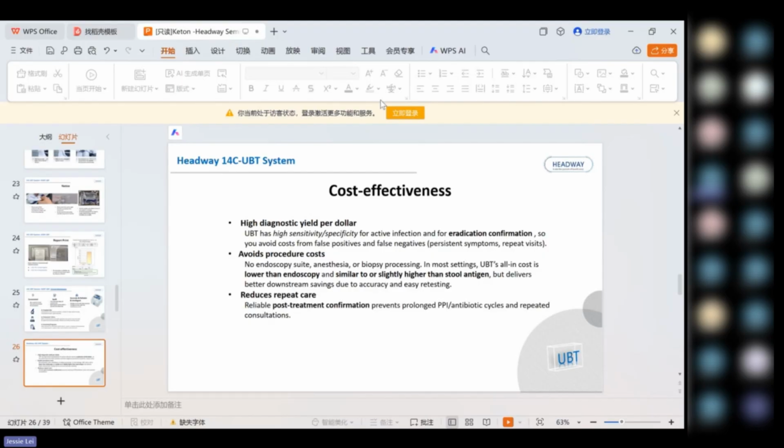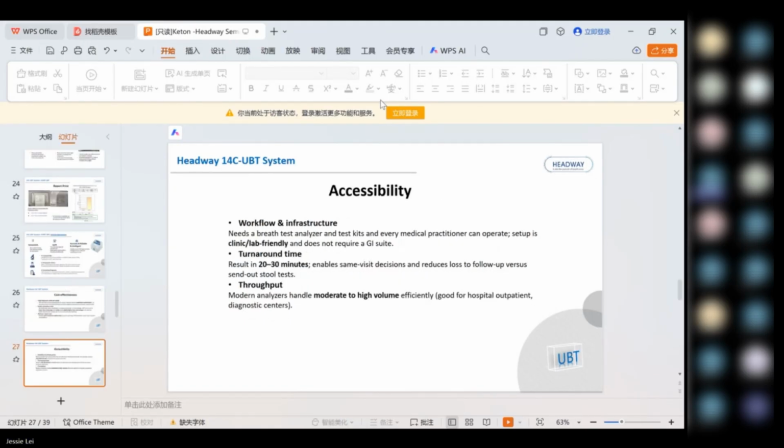As we all know, the endoscopy cost is higher. UBT cost is lower than endoscopy and even similar to or slightly higher than the stool antigen test. And it can reduce repeat care. The reliable results and post-treatment confirmation can avoid misdiagnosis and prevent prolonged antibiotic treatment.